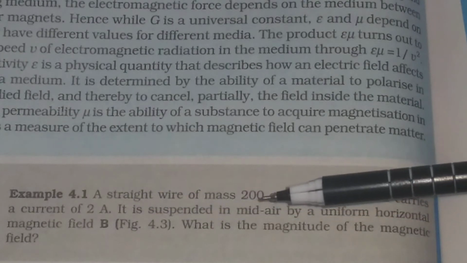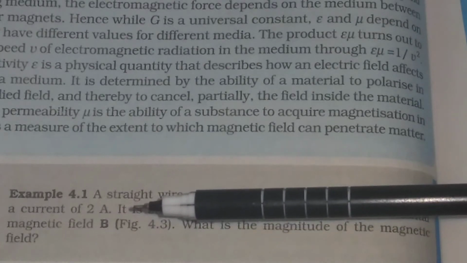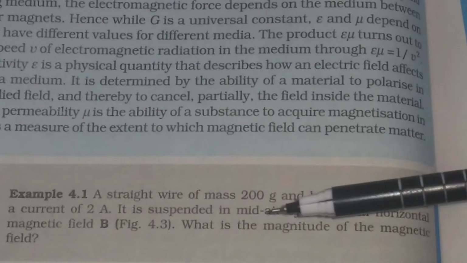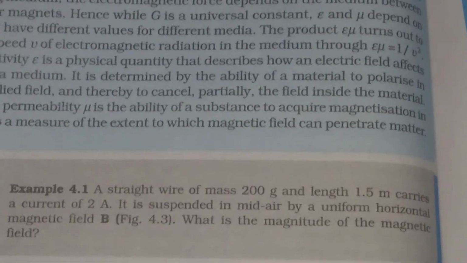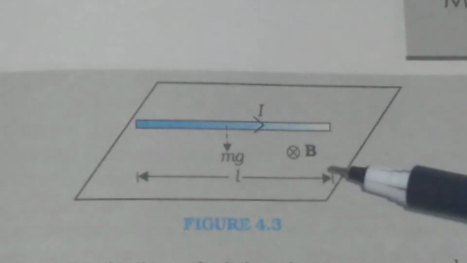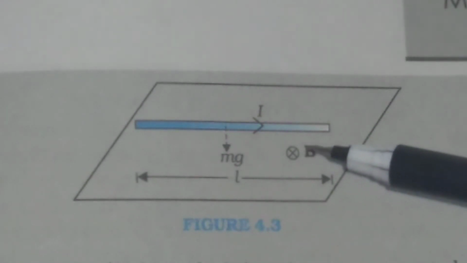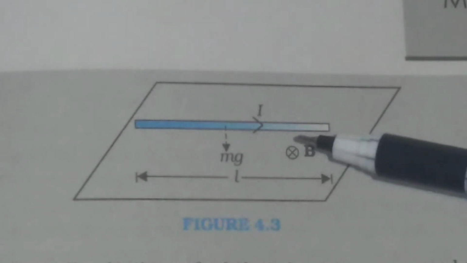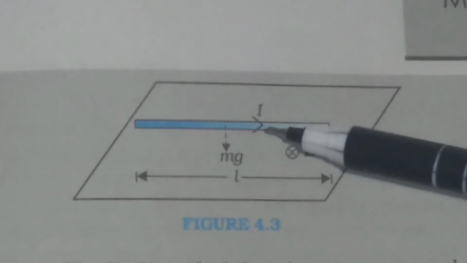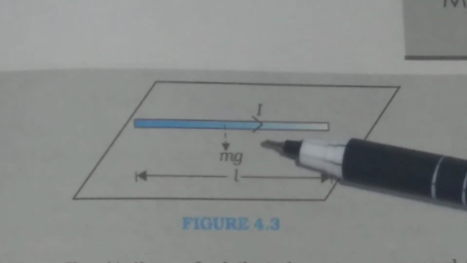It is suspended in mid-air by a uniform horizontal magnetic field B. What is the magnitude of the magnetic field? You see in this figure, this is a wire whose mass is 200 gram and length is 1.5 meter. This wire is suspended in free air due to the magnetic field.